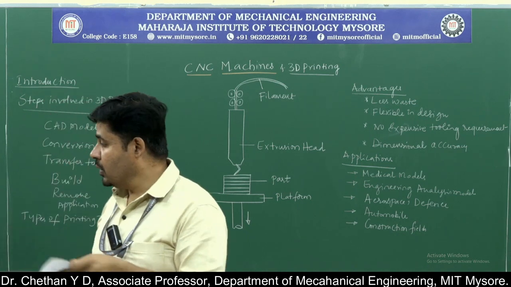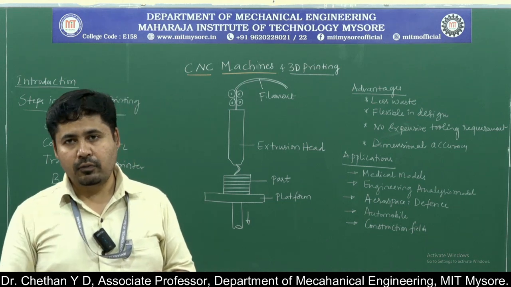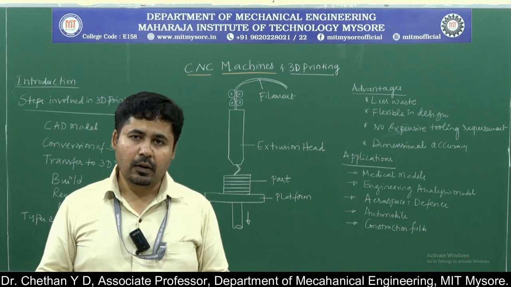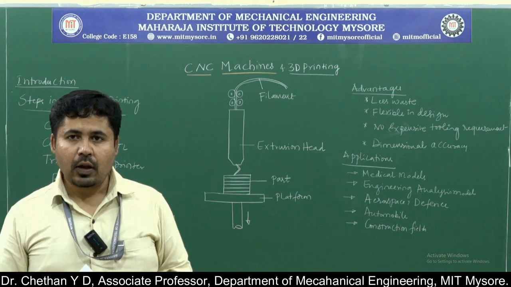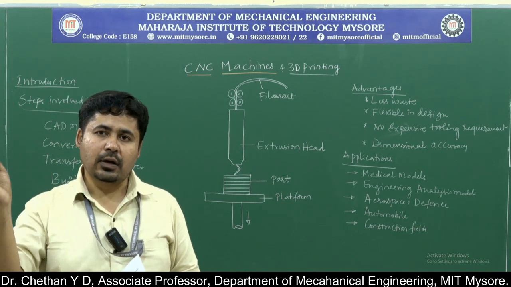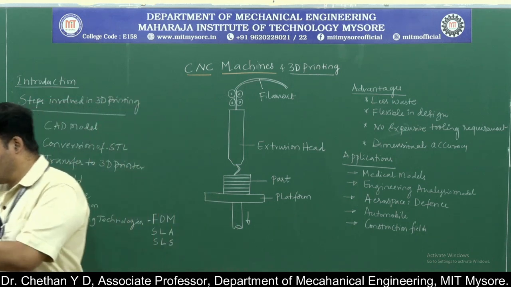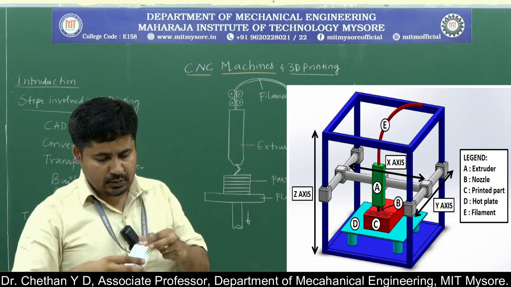Whereas in 3D printing, whatever model we want to build, we'll create that model with the CAD software. Then we'll transfer that information to the 3D printer. Then obviously we'll get the three-dimensional object like this.